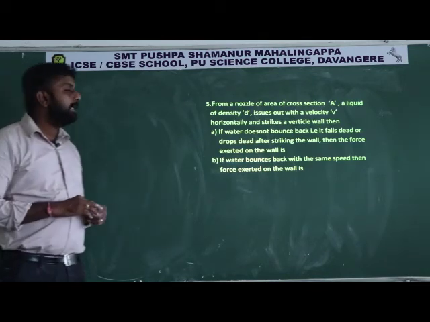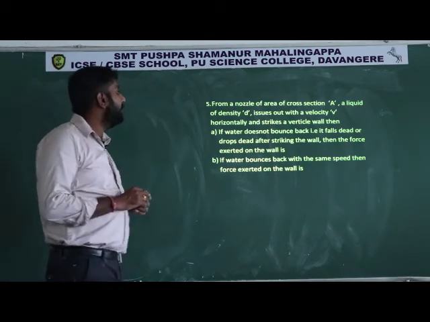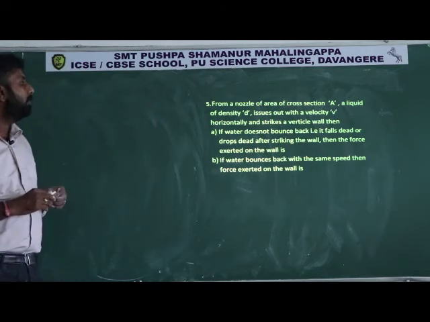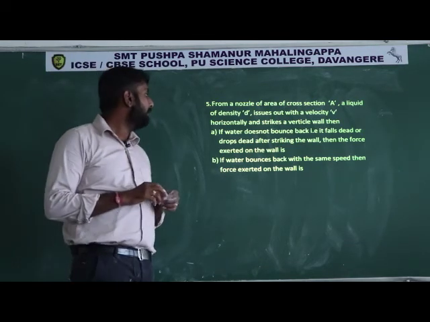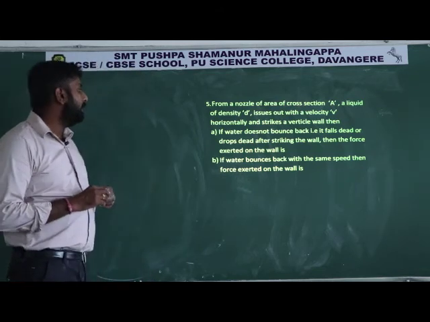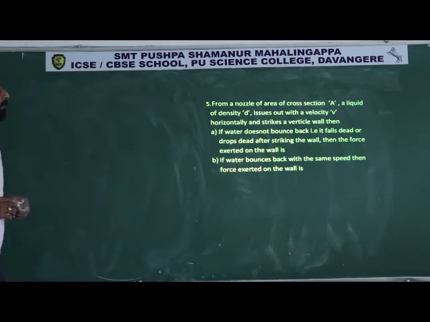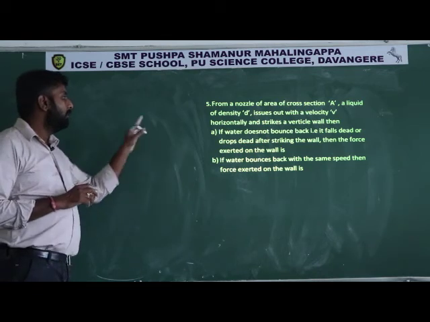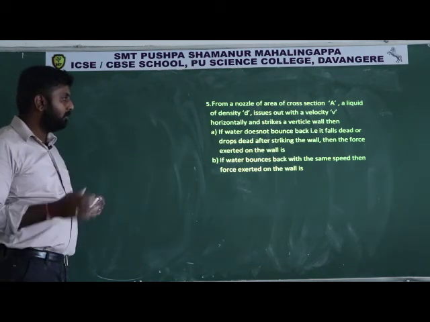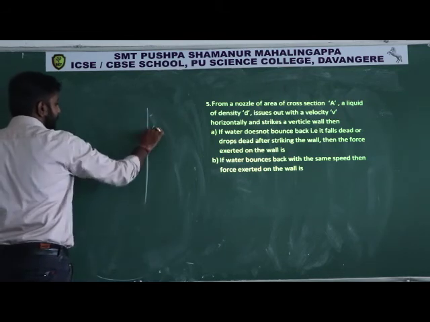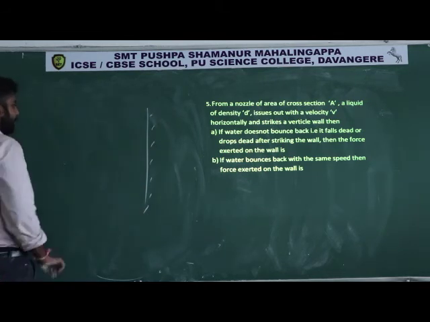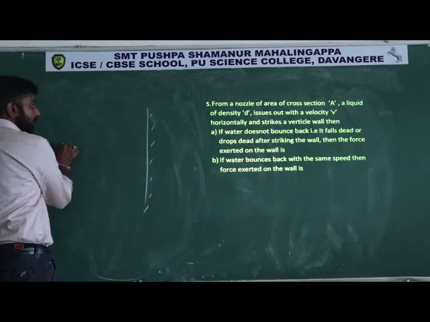And in the next application, from a nozzle of area of cross section A, liquid of density d issues out with a velocity v horizontally and strikes a vertical wall. If the water does not bounce back, you can consider this a rigid surface.